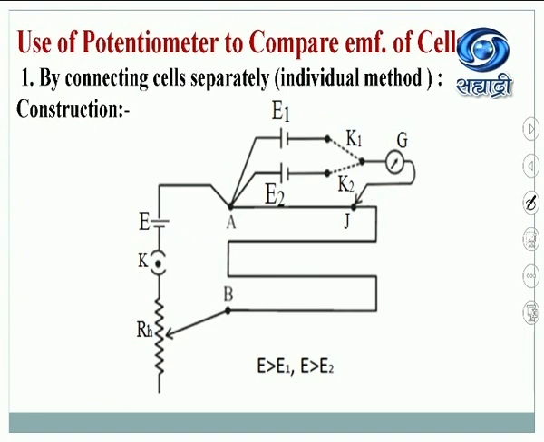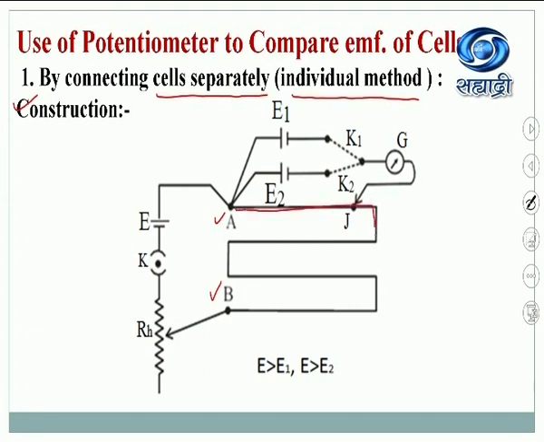So the first one, that is by connecting cells separately, also called the individual method. Now for this circuit diagram given, we shall see the construction. Here A and B are the two ends of the potentiometer wire.